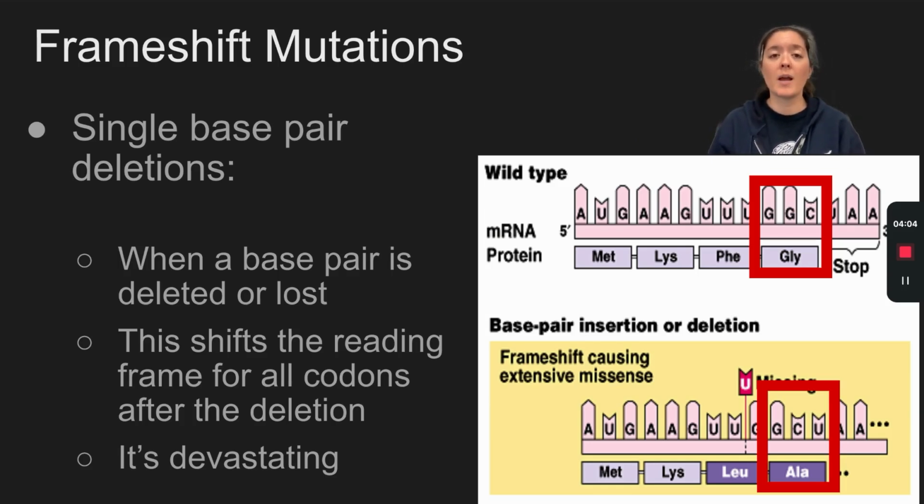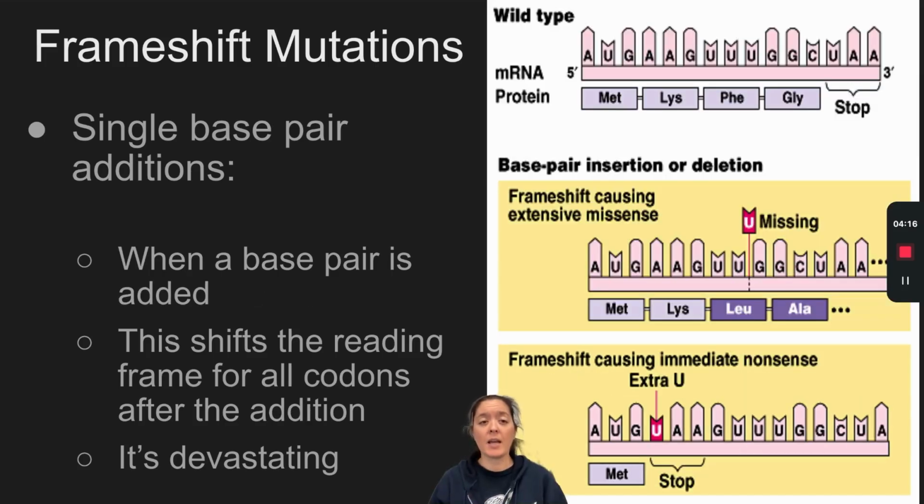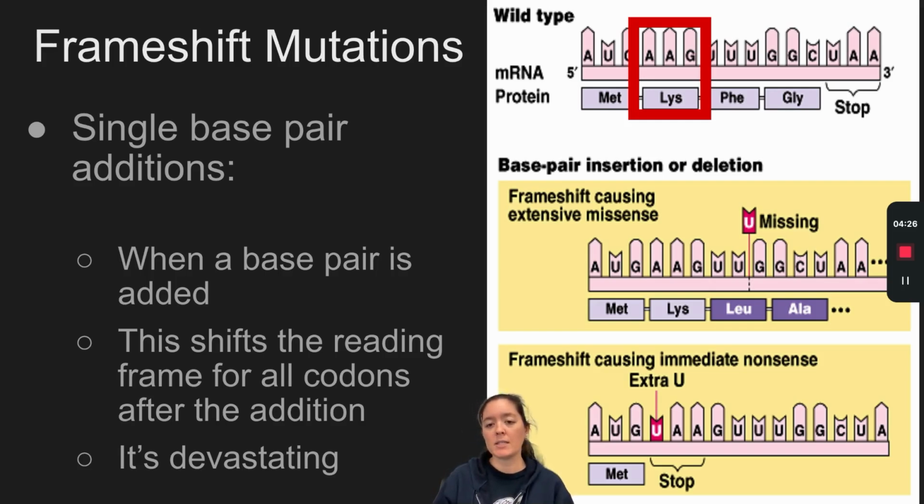It's so bad for this protein because a change happened and that one change caused all the other things after it to change as well. We can see the same thing happening when we add a single nucleotide. So again, with our wild type at the top, we're looking at our second codon instead of an AAG coding for lysine.